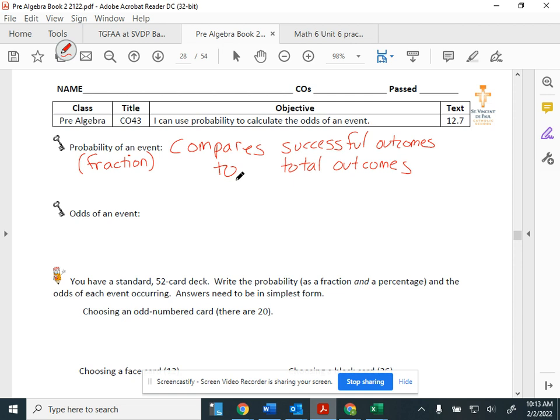The odds of an event compares our successful outcomes to unsuccessful outcomes.